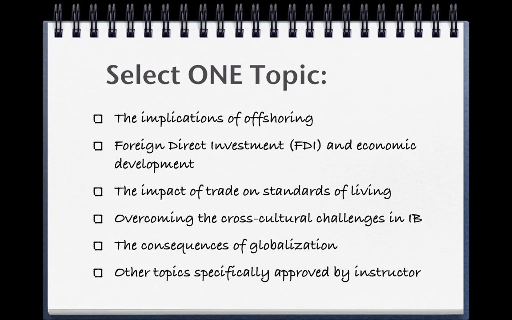These topics are the implications of offshoring, foreign direct investment and economic development, the impact of trade on standards of living, overcoming the cross-cultural challenges in international business, and the consequences of globalization. Or if there's a topic that's of real interest to you and is not covered here, talk to me about it, and I will work with you on getting that approved as a topic for the paper.